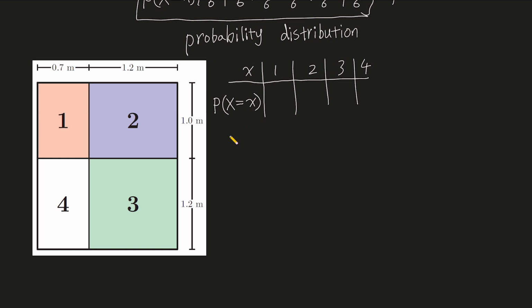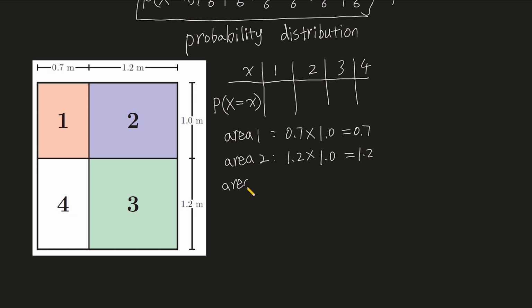Now we know area 1 is 0.7 multiplied by 1.0. This equals 0.7. Area 2 is 1.2 multiplied by 1.0 equals 1.2.